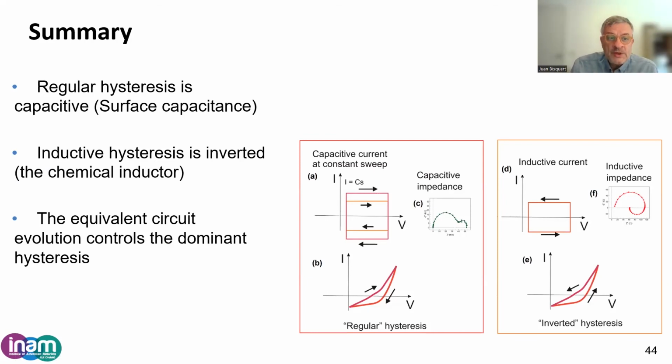This low current is probably a recombination at the surface, and so we can distinguish the two circuits and behaviors by measuring the impedance spectroscopy.